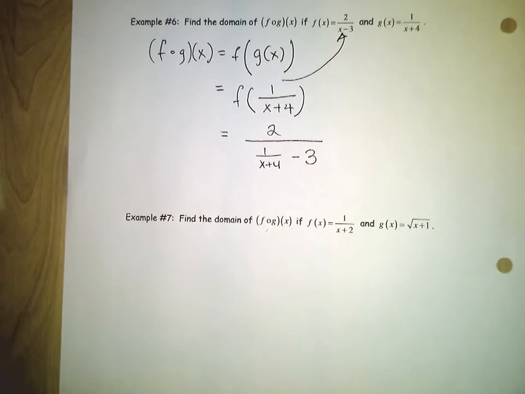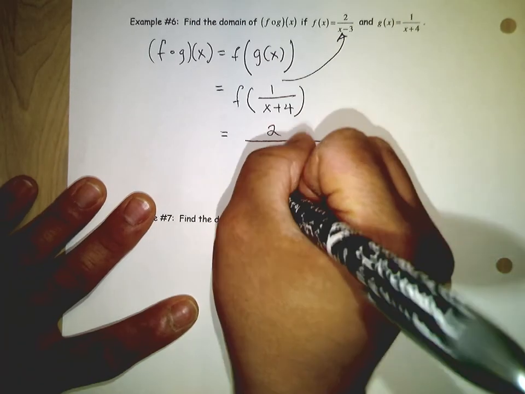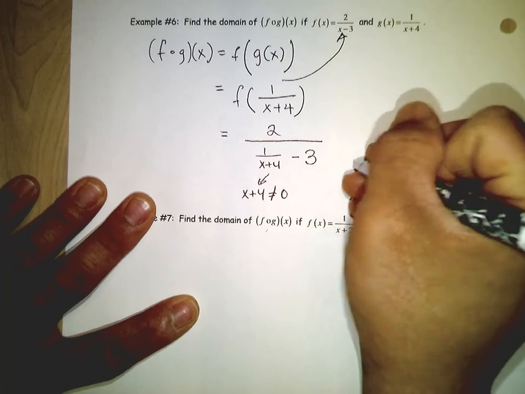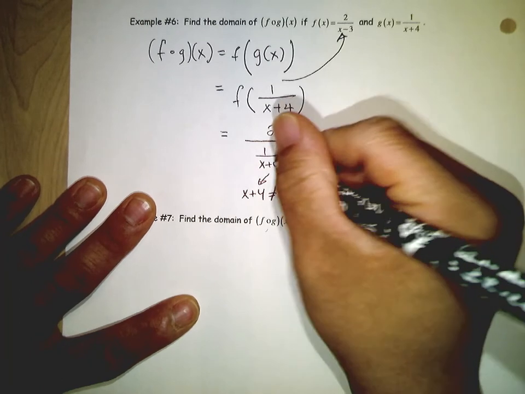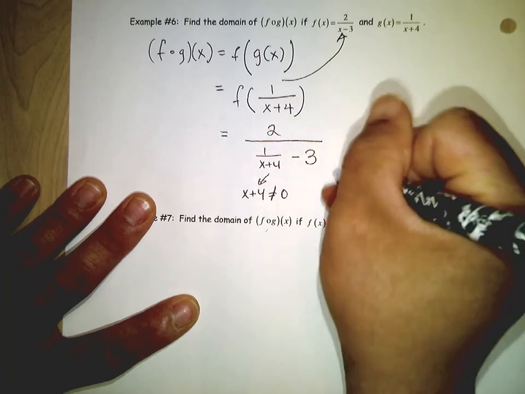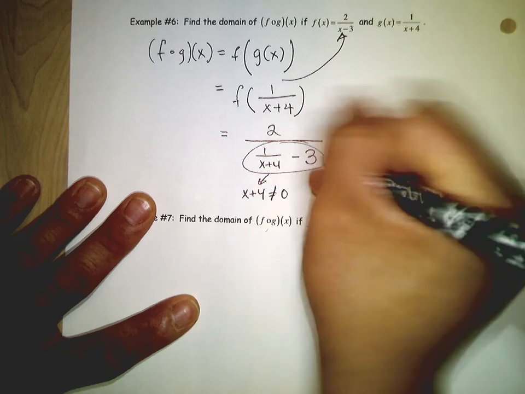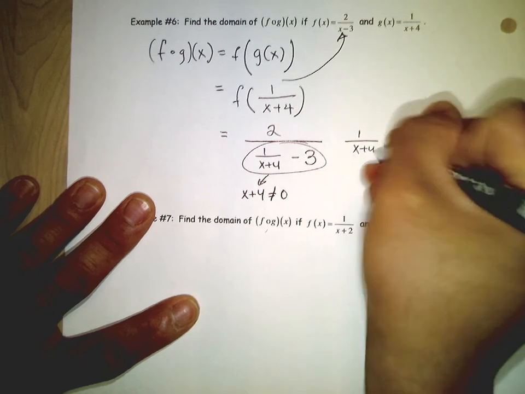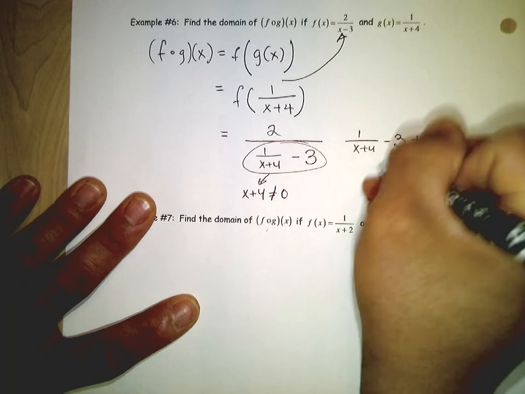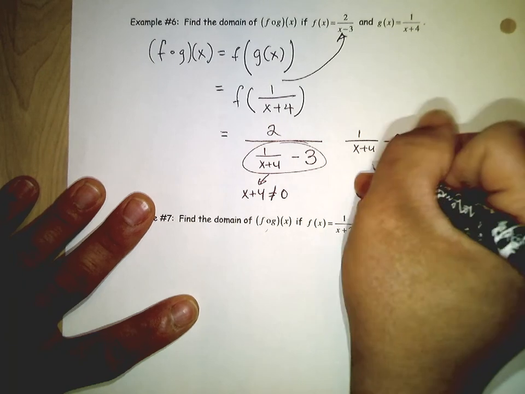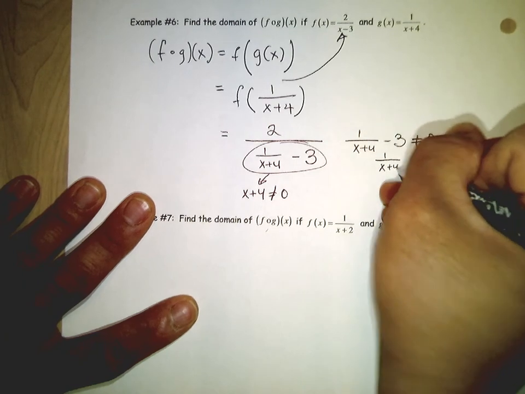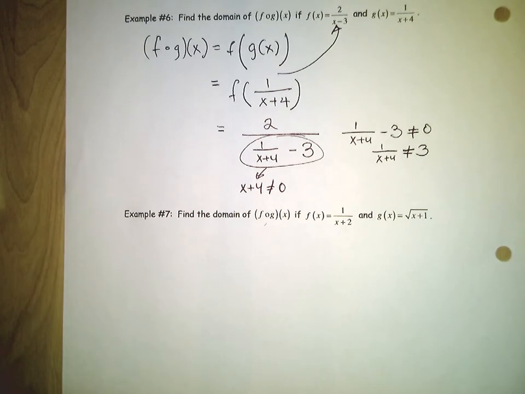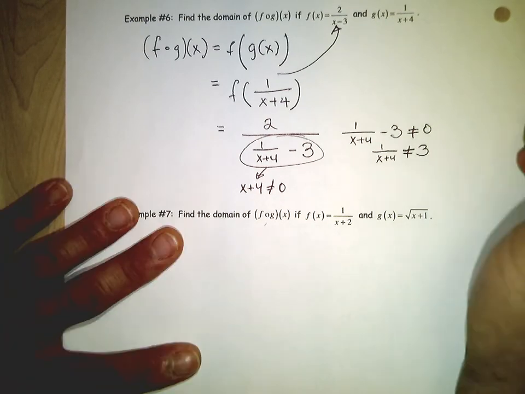Now, two things that you should notice is that, first of all, x plus 4 cannot equal 0 because it's in the denominator of the 1 over x plus 4. But this denominator also cannot equal 0. So 1 over x plus 4 minus 3 cannot equal 0. So one way to solve this is to add the 3. So 1 over x plus 4 cannot equal 3.